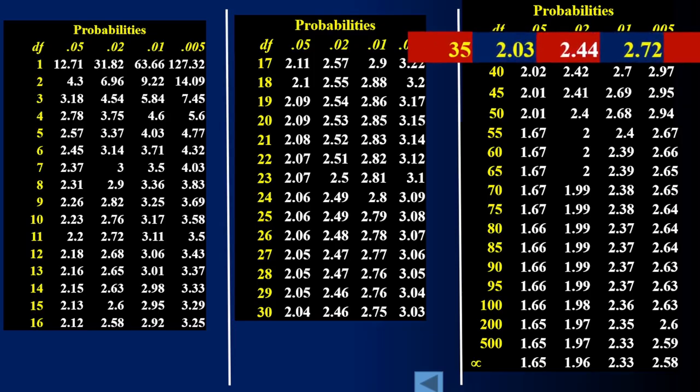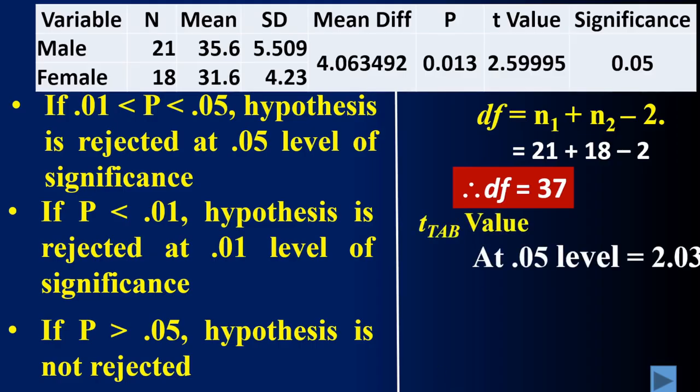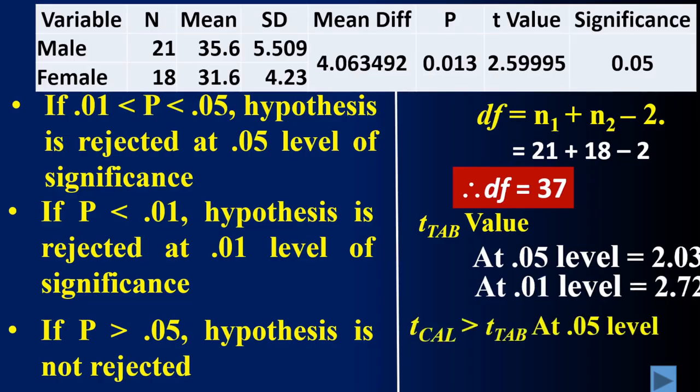Now, we have to compare our t value with these two values. See, t table value that we have seen at 0.05 level, it is 2.03, at 0.01 level it is 2.72, and our t calculated is greater than t table value. If t calculated is greater than t table value, then hypothesis will be rejected at that level. Here our t calculated is greater than 2.03, that is at 0.05 level.